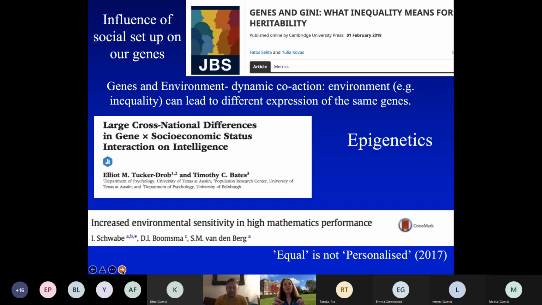But not just because of the actual absence of resources, but also because genetic potential, genetic propensities in children can actually not express. So genes need food in terms of environment, in terms of stimulation, in terms of choice.